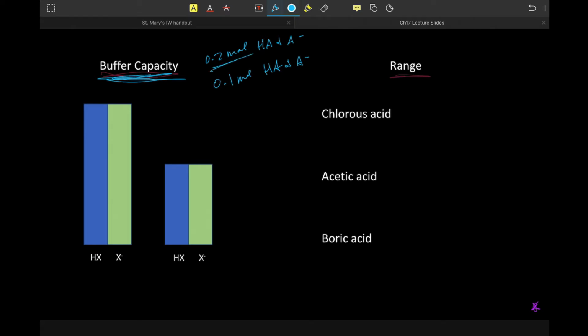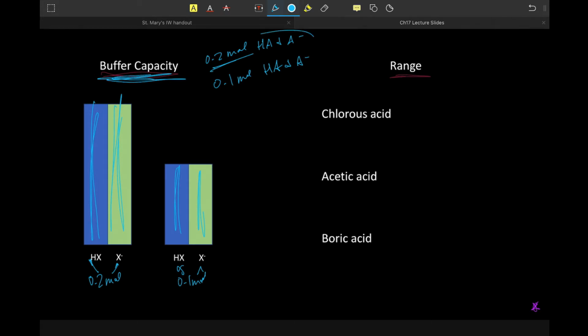Correct, this one. I'll write that down here: 0.2 moles here, and 0.1 moles, which is a lesser capacity. This is basically the amount I have that can be used for neutralization.